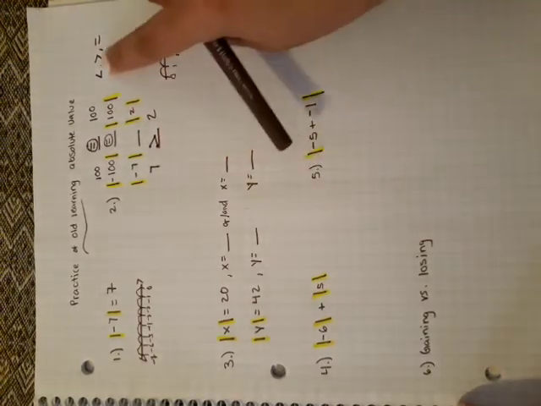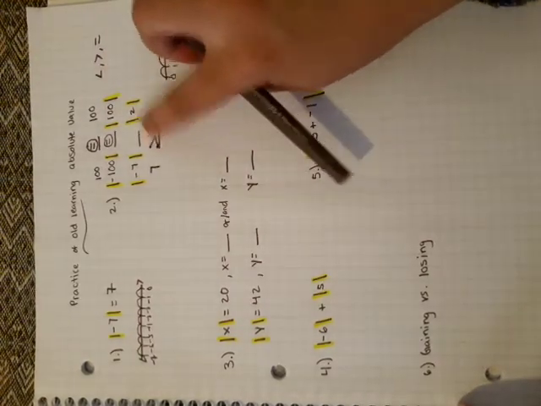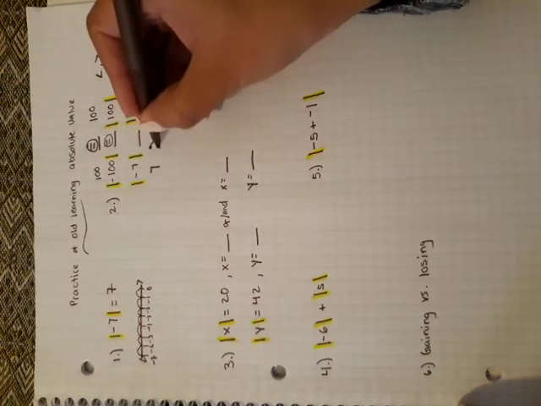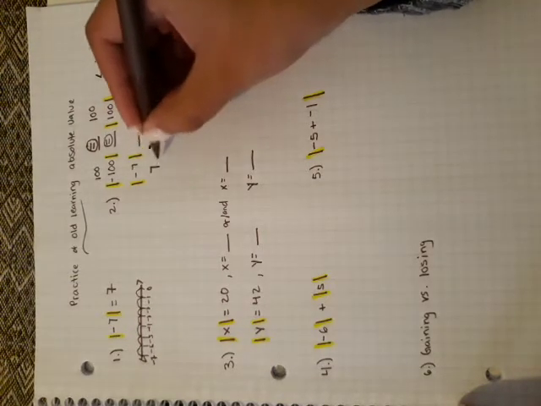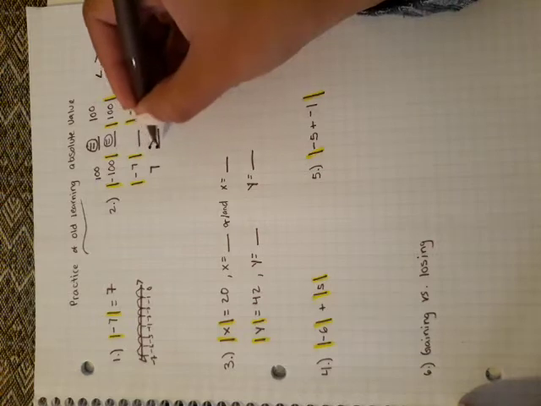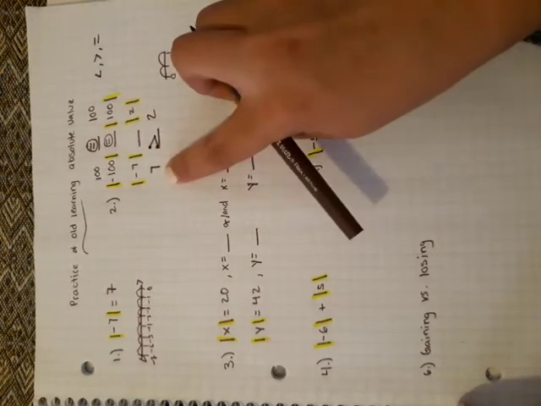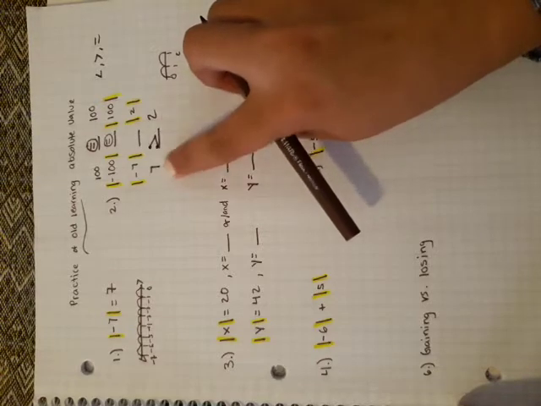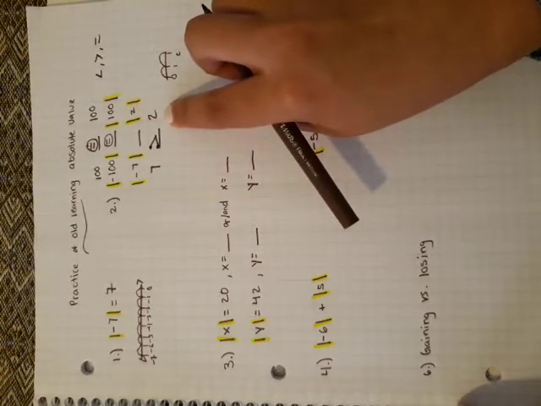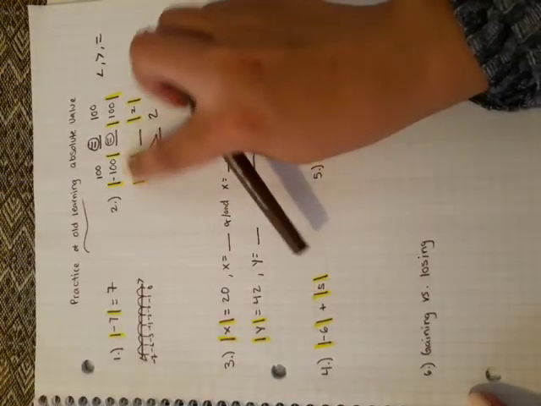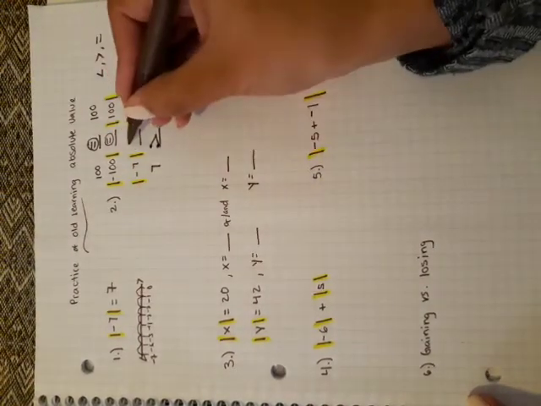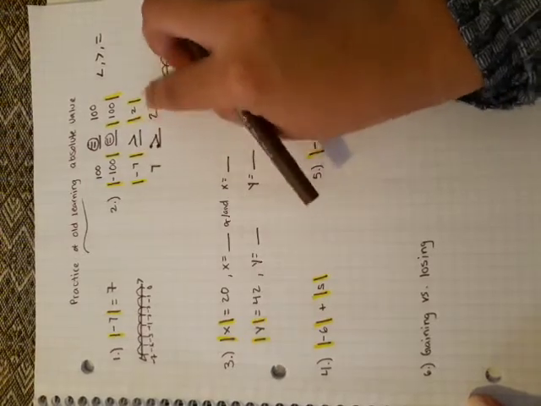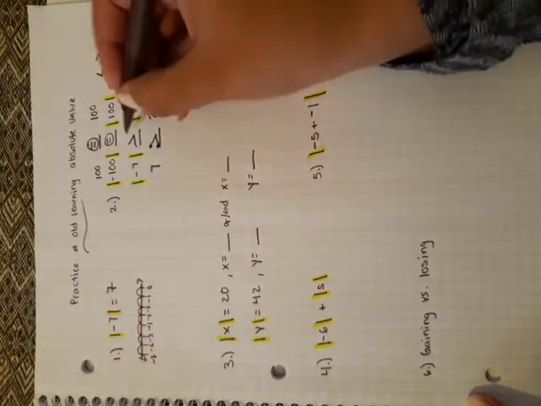Remember, when you're using these signs, the 2 dots have to point to the number that is bigger, the number that is greater. The 1 dot points to the number that is less. So 7 is greater than 2. So the absolute value of -7 is greater than the absolute value of +2.